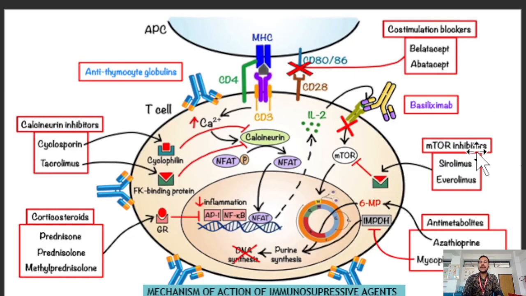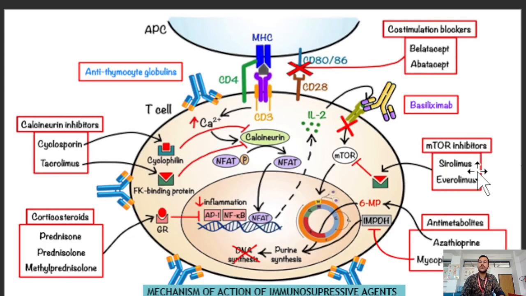The next one is mTOR inhibitors. As we all recall, this mTOR takes part in the cell division stages, and it multiplies DNA. As a result, there is an increase in the number of T cells. So what happens when we stop the mTOR by using mTOR inhibitors?